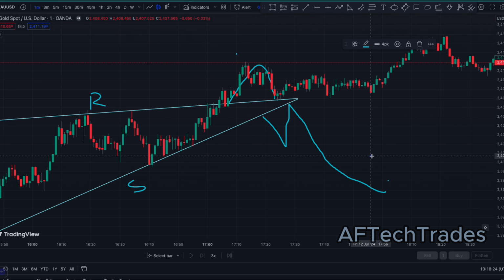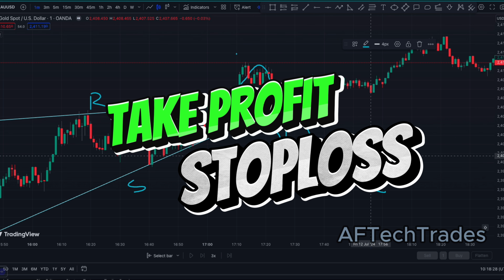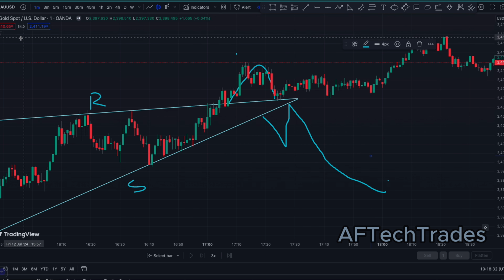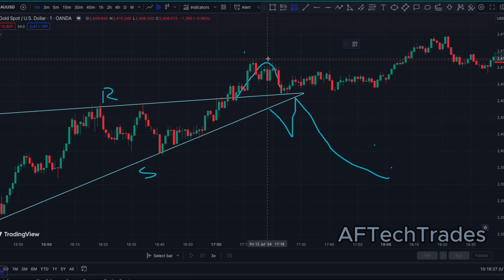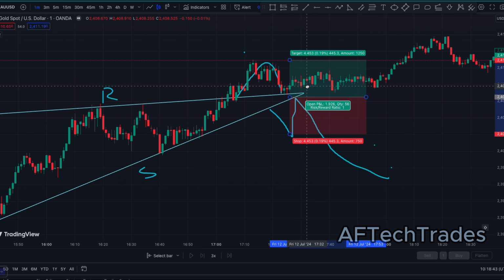So now, where do you set your take profit and your stop loss? Let's assume it breaks up, right? And it came back for a retest, right?